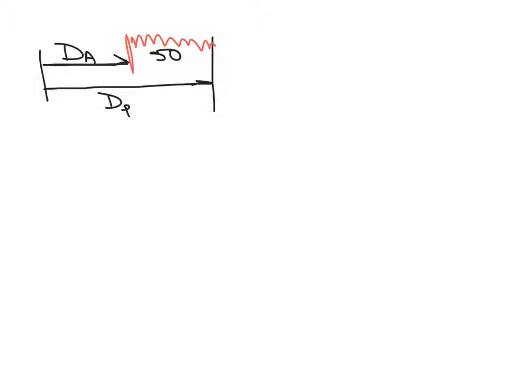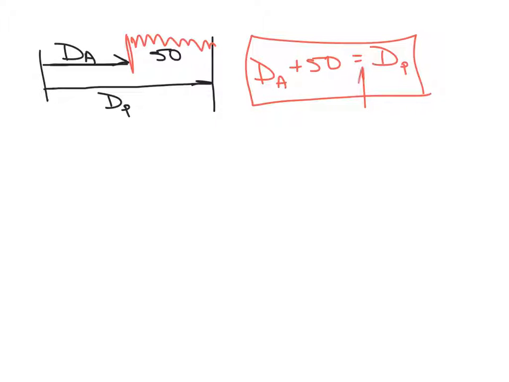So the distance of Alvin plus the 50 miles he didn't go would have been the total distance that Priscilla ended up going. That's how we're going to make the equation, because whenever you make an equation, you have to have an equal sign in order to solve it. If you don't have an equal sign, you can't solve it.